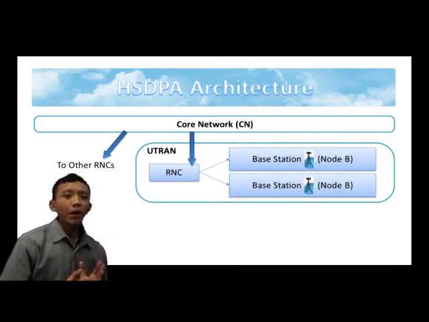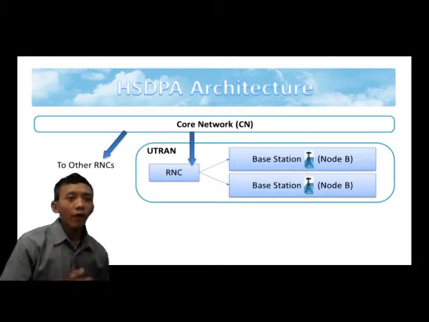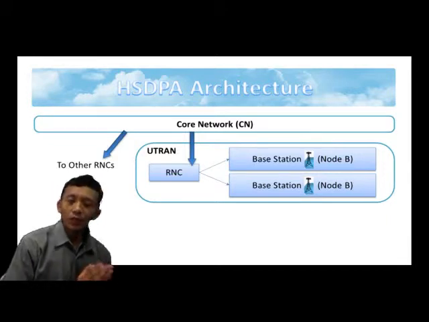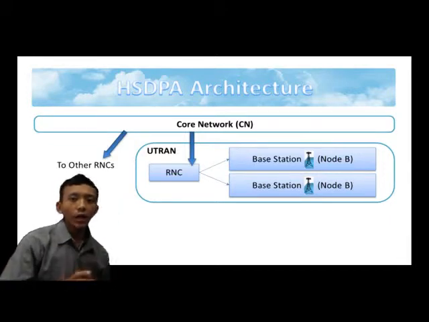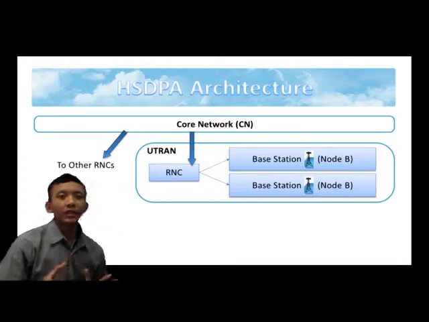This is a part of a UMTS network that consists of one or more RNCs and Node Bs. The RNC is responsible for setting the UTRAN radio resources, while Node B is the BTS, or base transceiver station, from a 3G network, as for GSM.